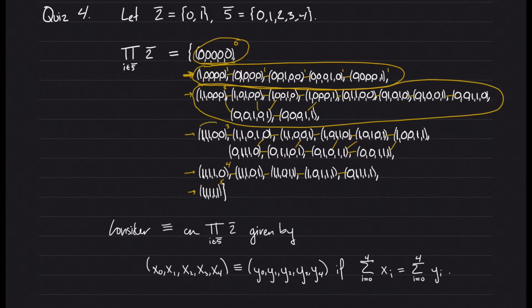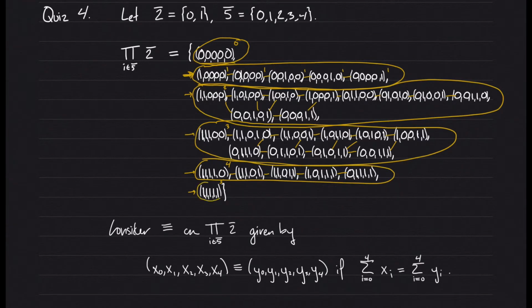And everyone here is related to each other because they all give the sum of 3. These guys are all related to each other because they all give 4. And this guy is a little bit lonely in its own equivalence class because it's the only guy who gives a sum of 5. So we have here 6 equivalence classes.